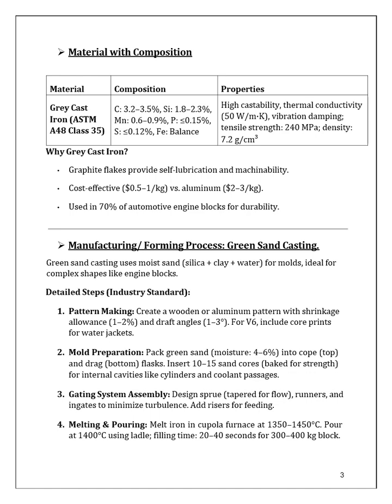They create a wooden or aluminum pattern with shrinkage allowance of 1 to 2% and draft angle of 1 to 3 degrees. For V6, include core prints for the water jackets.